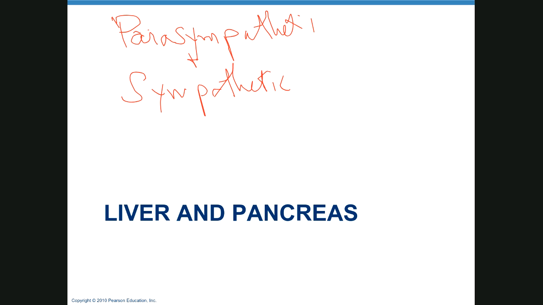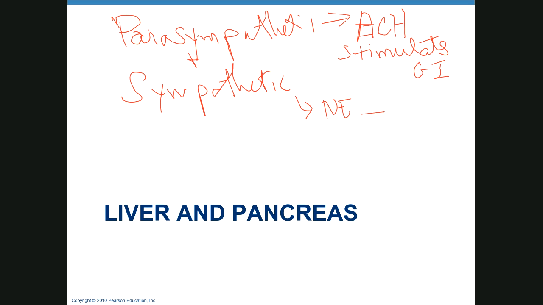You should know that via the actions of acetylcholine, parasympathetic stimulation stimulates the GI tract. Sympathetic, on the other hand, its neurotransmitter is norepinephrine, and it is going to inhibit the activities of the GI tract.